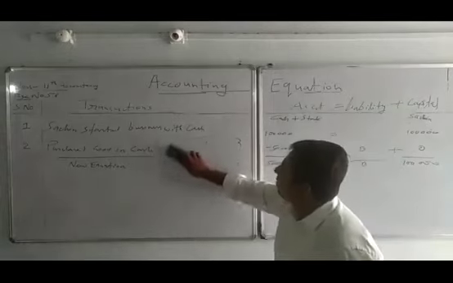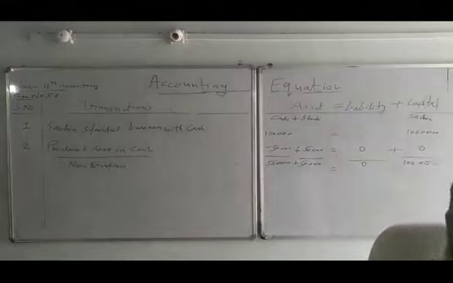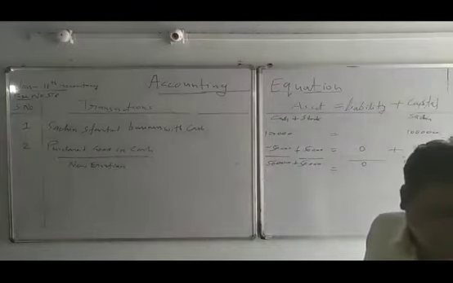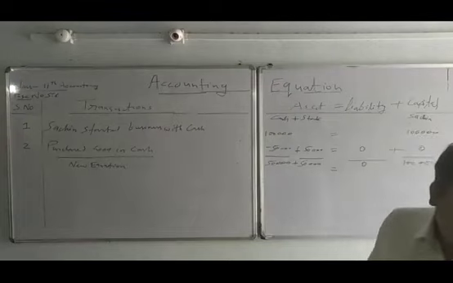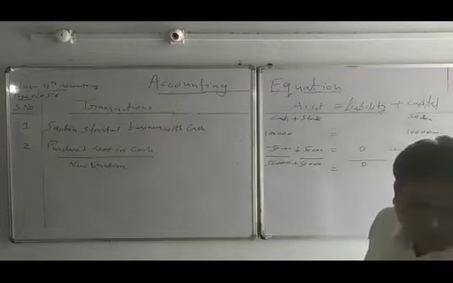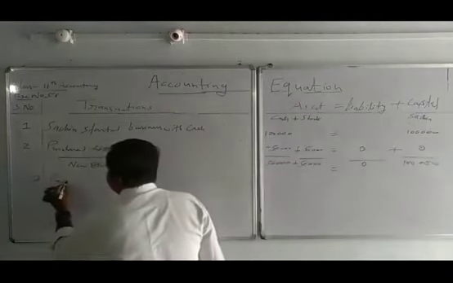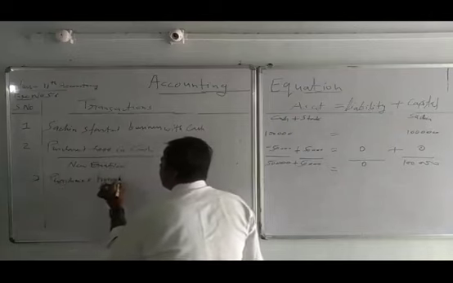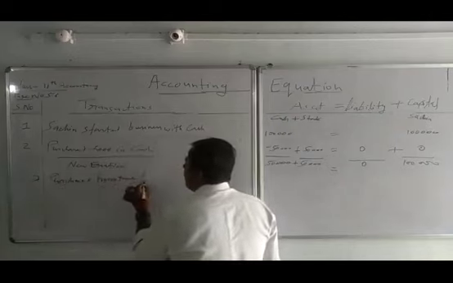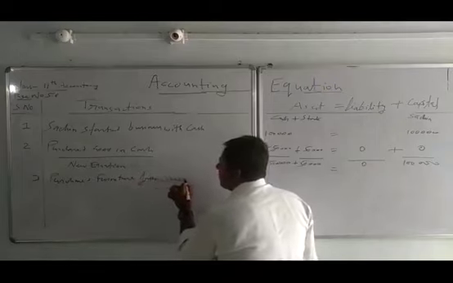Okay, moving to our third transaction. See in your book: purchased furniture from Mr. Samrat Furniture of rupees 20,000. We have purchased furniture from Samrat, so I will write here the third transaction: purchased furniture from Samrat.